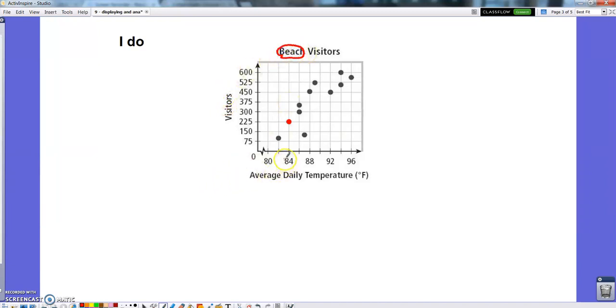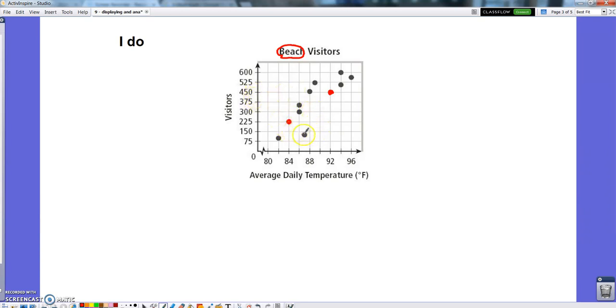So this means there was a day that the temperature was 84 for the day, average of 84 degrees that day. And on that day, 225 people went to the beach. And there was another day here that was 92 degrees for the day, and 450 people went to the beach.